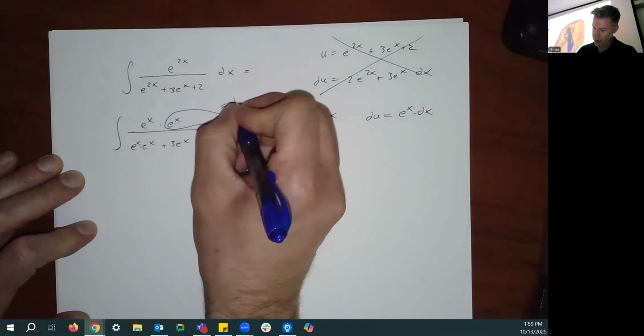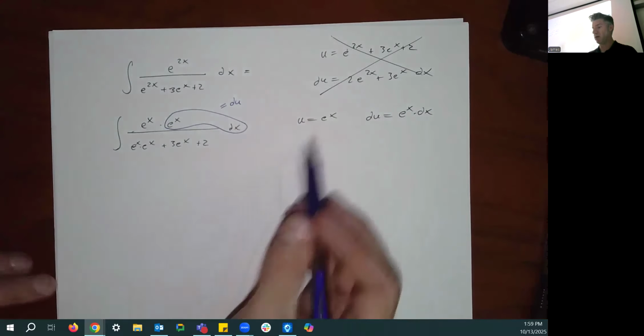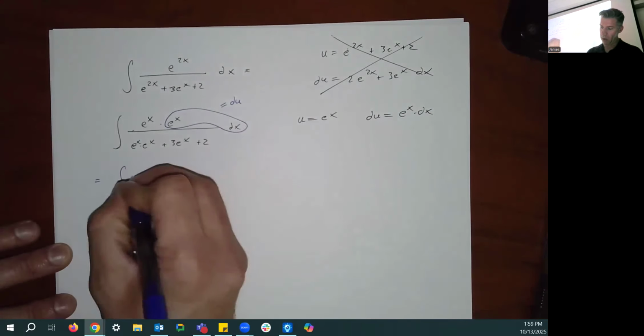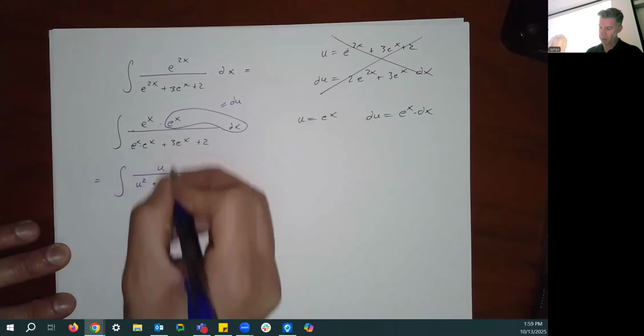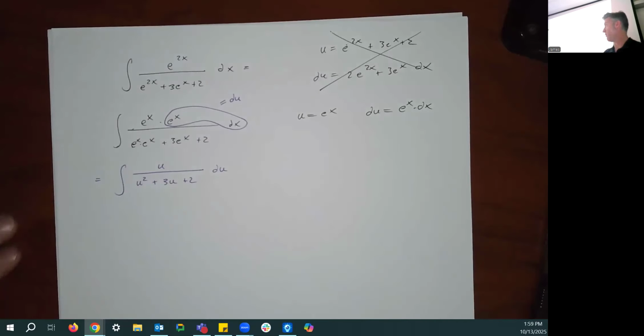So that's equal to du. And then every other e to the x gets to be replaced by just u. So we have the integral of u over u times u plus 3 times u plus 2. Don't forget about writing the du. I should have written that first.